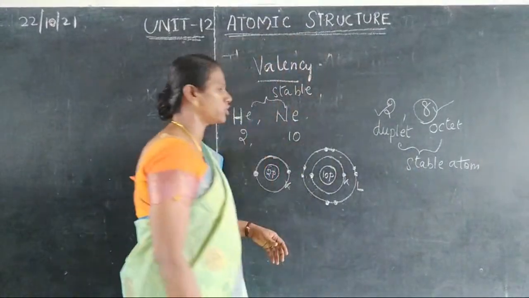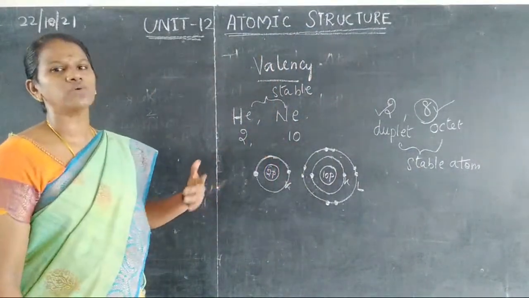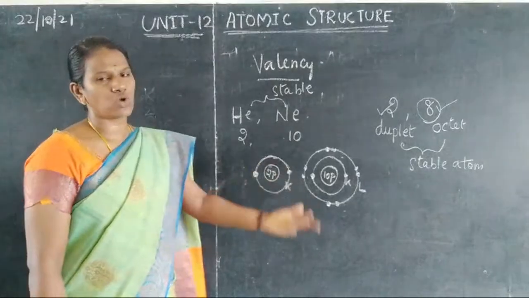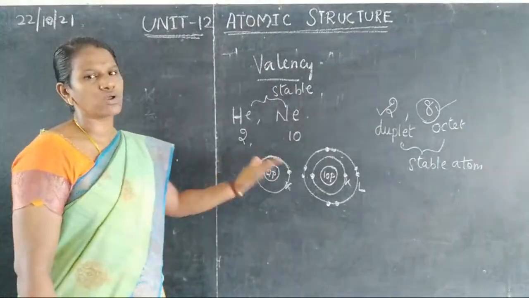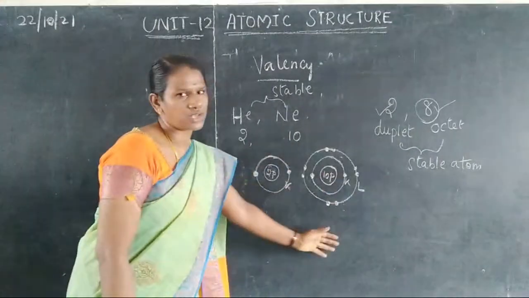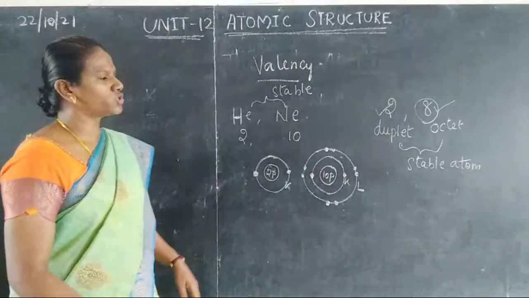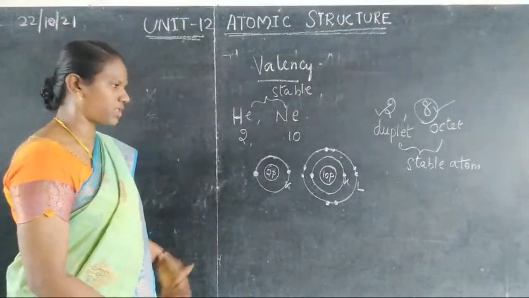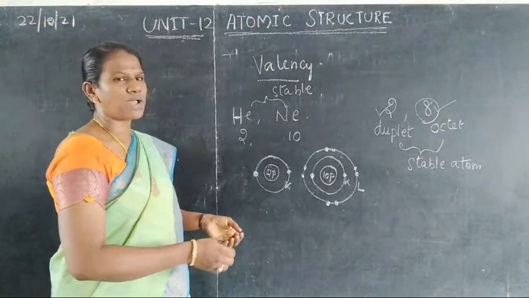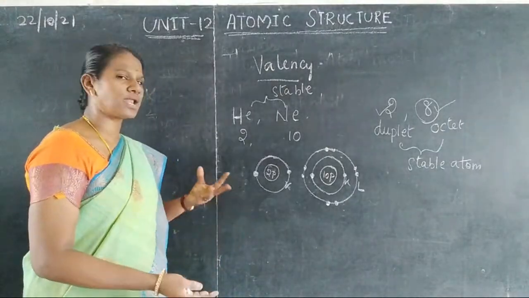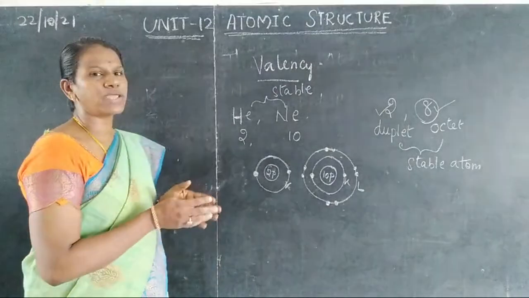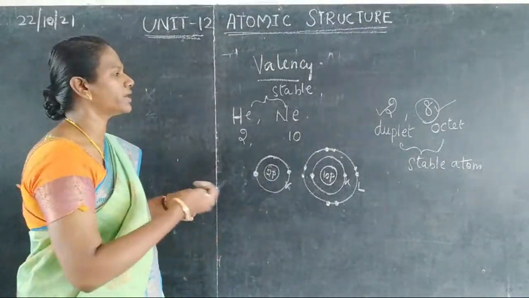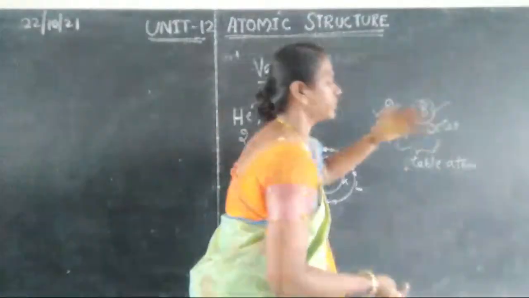As we already know, every atom tries to attain a stable electronic configuration, that means 8 electrons in the outermost shell. To make itself stable, an atom loses or gains electrons, making ions, to attain the stable electronic configuration.